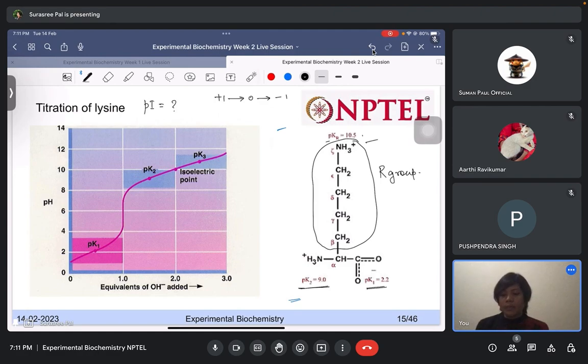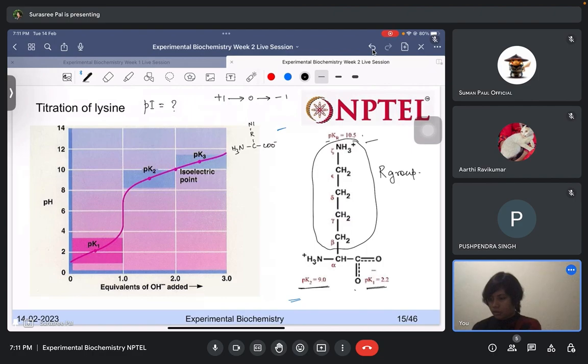So the pK1 is 2.2, so obviously the molecule will lose its first proton from the carboxyl group at pH greater than 2.2. Okay, let's see here. I'm drawing a simpler structure of lysine.